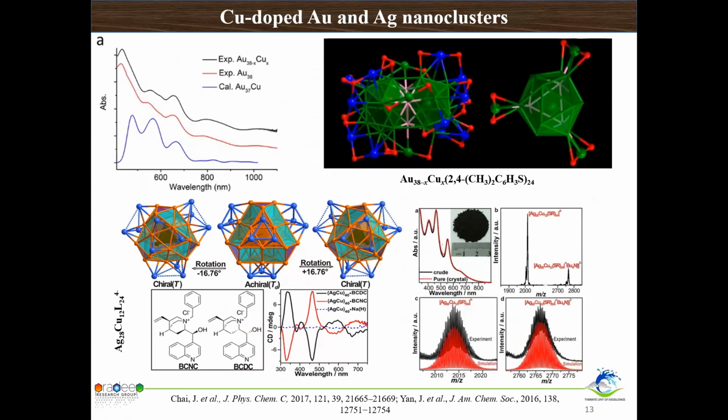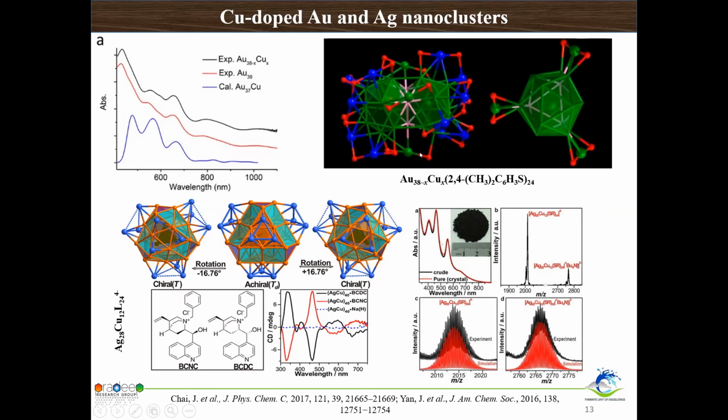Similar to gold and silver, copper is also in the same group of the periodic table, and copper-gold and copper-silver bonds are stronger than the gold-silver bond. Thus, the effect of doping of copper atoms is important to know. Here, such an example is the doping of copper atoms in the Au38 nanocluster.